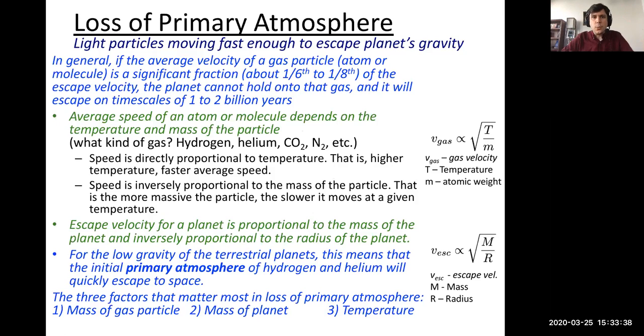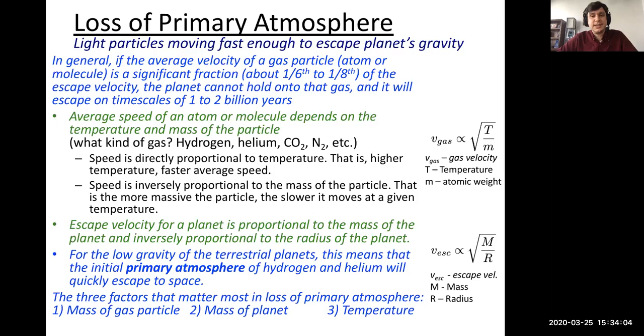So when the average gas speed for whatever you're talking about, hydrogen or helium, gets to about a sixth or an eighth of the escape velocity, that gives you enough of the gas particles that are moving fast enough to escape and never come back, then you will lose an atmosphere on a timescale of about 1 billion years or so.